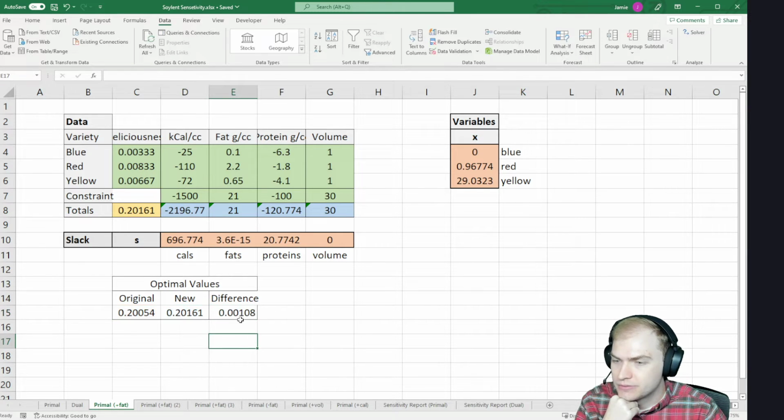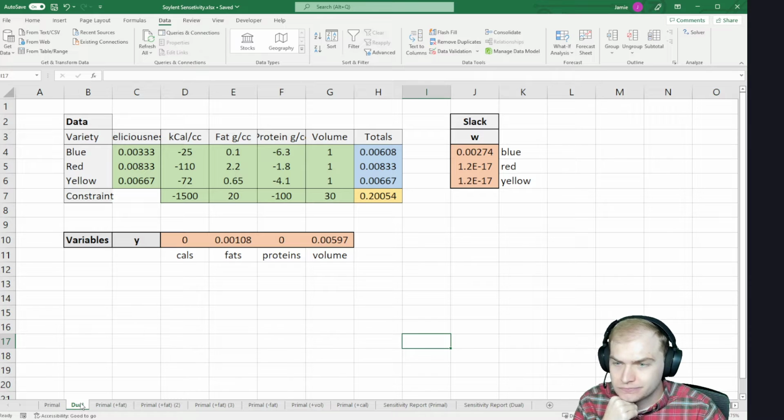I think there's been some rounding, so let me format that cell. Yeah. 1075269. You can't see that, but it's rounded up from 1075269. And then I solved the dual.